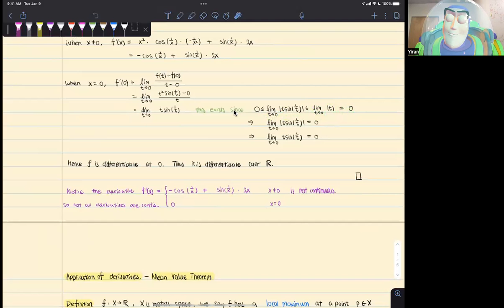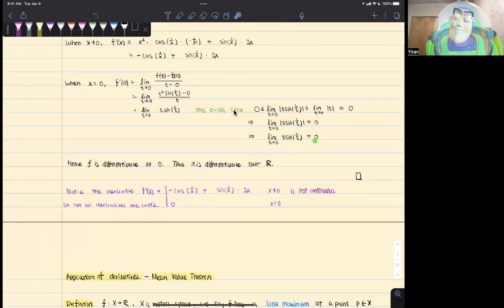So it is sandwiched between 0 and 0. The only possibility is that the limit of the expression is equal to 0. But the limit of the absolute value of t times sine(1/t) being equal to 0 implies that the limit of t sine(1/t) is equal to 0.